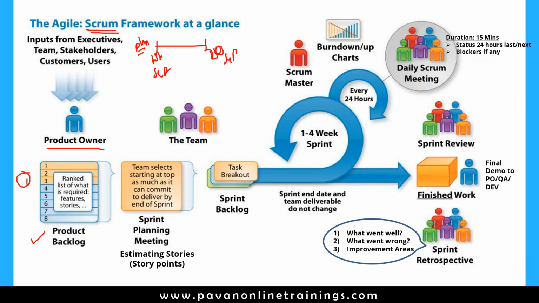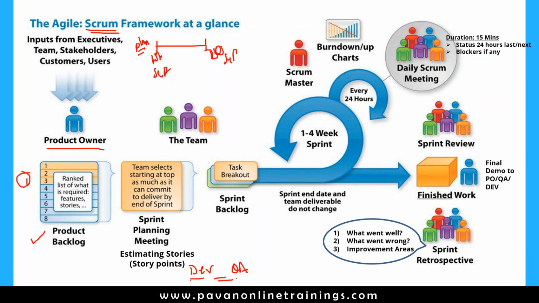Now here it will start. So the sprint planning meeting will happen. So what do we need to do in the sprint planning meeting? In the sprint planning meeting, developers will be there as well as QA will also participate. Now the product owner will show what the product backlog is, what stories we have in the product backlog, and he will also say what the priorities are, which stories we need to complete first.